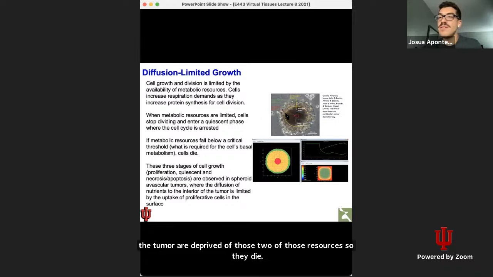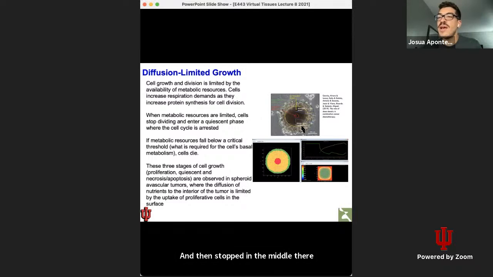And then in the middle, there is usually a layer of cells that are arrested in their proliferation because the resources available to them have fallen beneath a critical threshold, but not enough to kill the cell. So the cell has enough resources to maintain its basal metabolism, but not enough to proliferate.